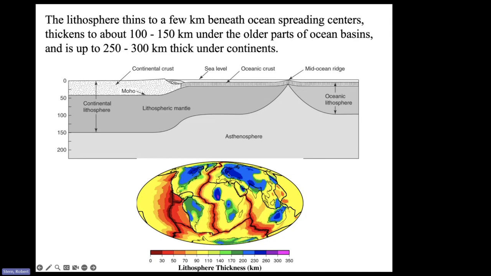All of these regions of thick lithosphere are underneath certain parts of the continent. This one is where the Canadian Shield is. This one is another craton, the European craton. This is another craton, another craton, another craton. Cratons have, because they're long stable, thick lithosphere.